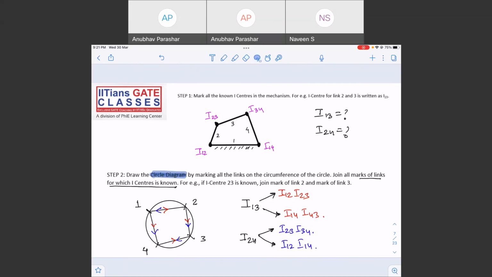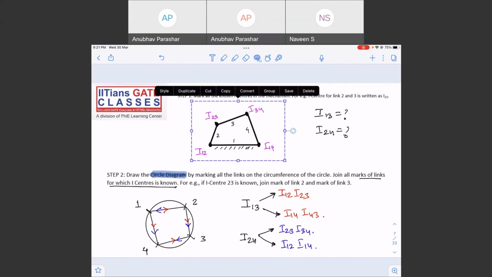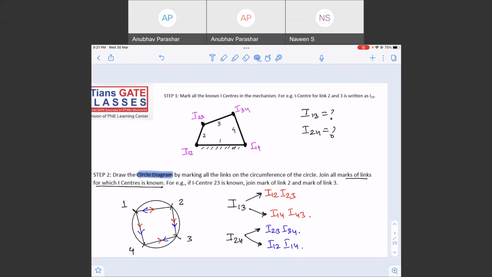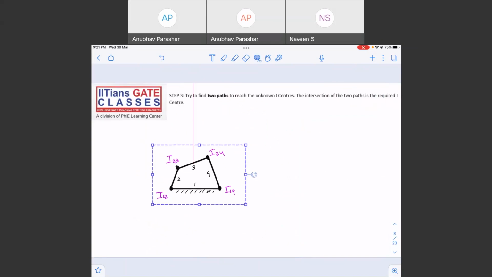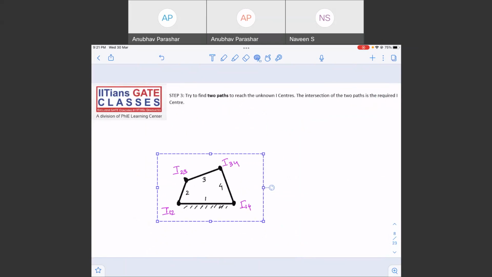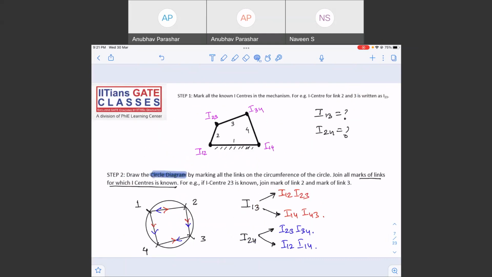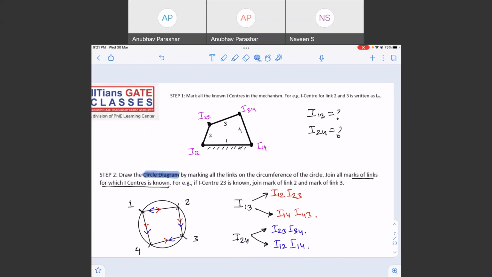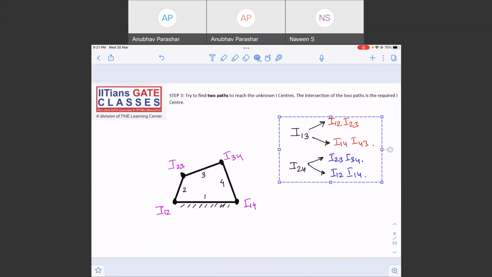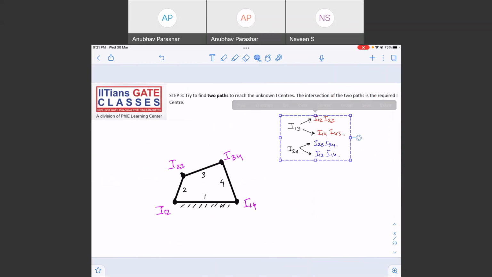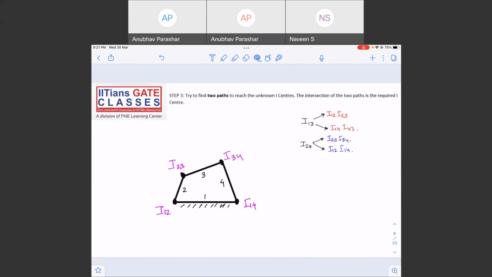Once you have done this, now simply join the lines.